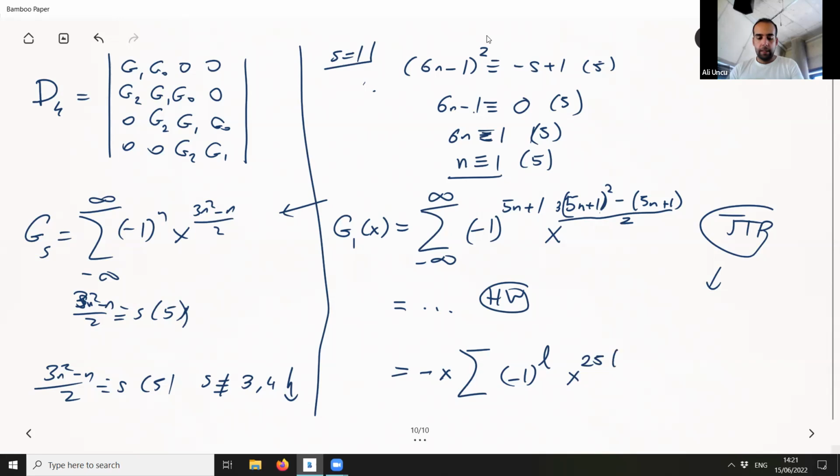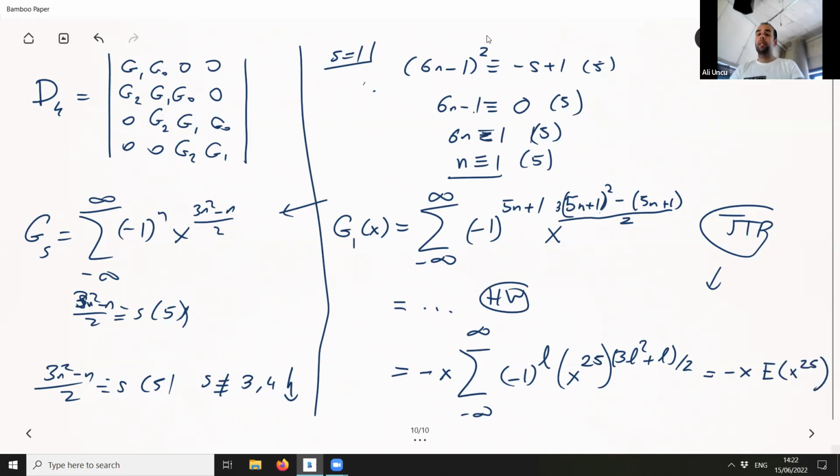And then on top it is (3L squared plus L) over 2. So it is again the Euler pentagonal number theorem, negative infinity to infinity, this time on L. And this is minus x times e of x to the 25.